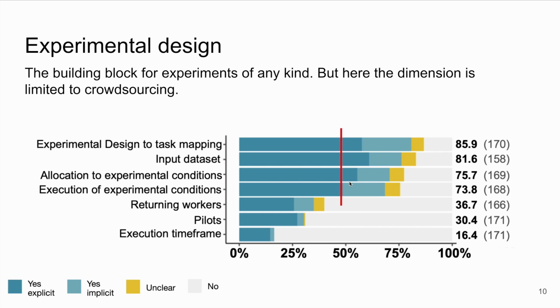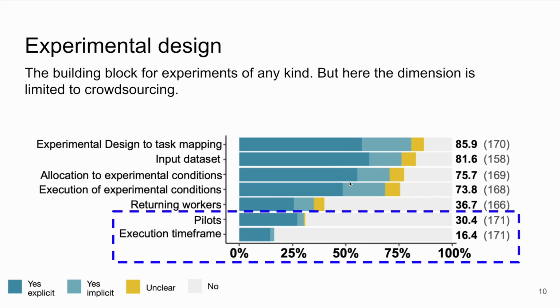Four attributes covering aspects ranging from design to execution are reported explicitly by at least 50% of the papers. And underreported attributes include whether pilots were used to fine-tune and test the experiment design, and the dates and time when the experiment ran.